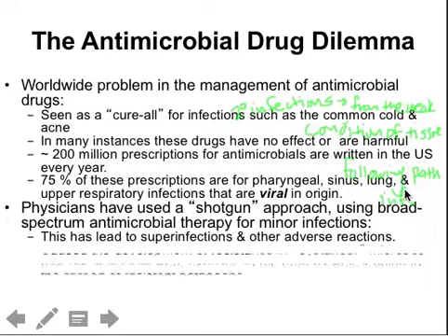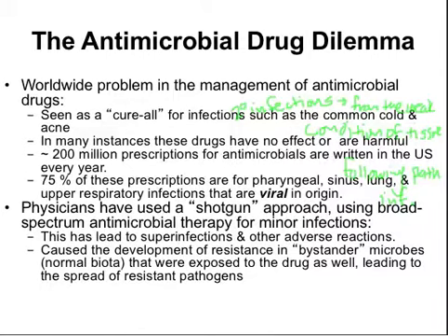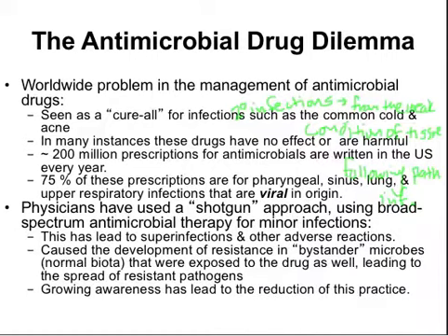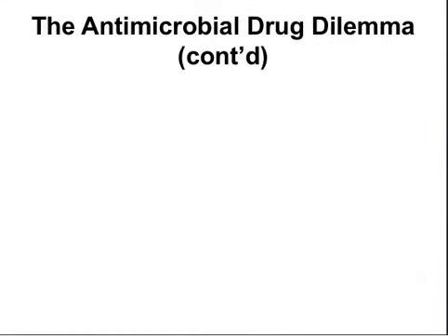So this has led to superinfections and adverse reactions. They can be caused by the development of resistance in bystander microbes that are exposed to the drug, leading to the selection for resistant pathogens. This awareness has led to the reduction in the universal use of antibiotics in situations where they're not warranted.